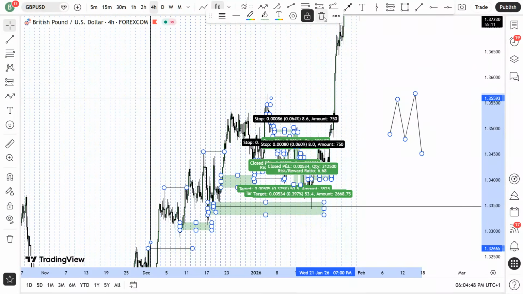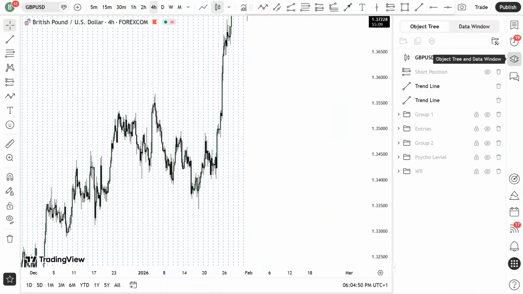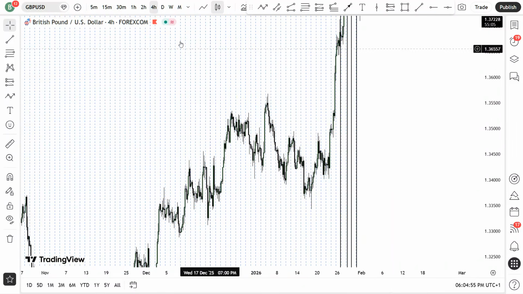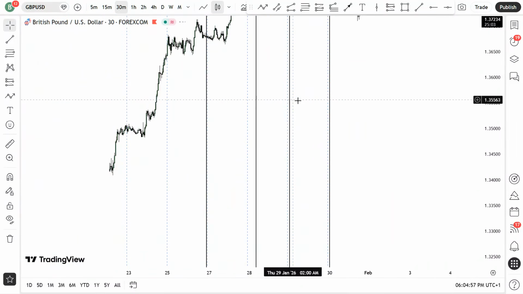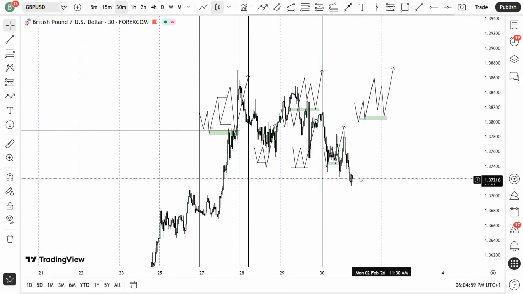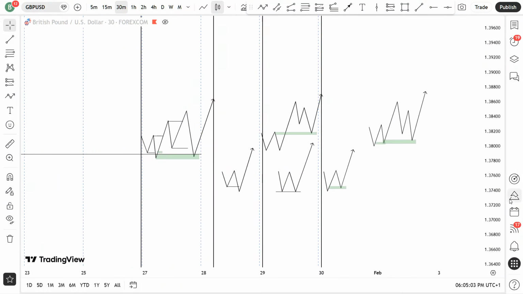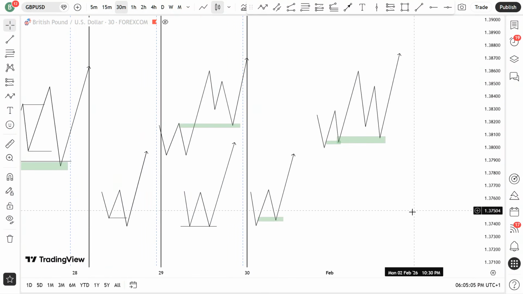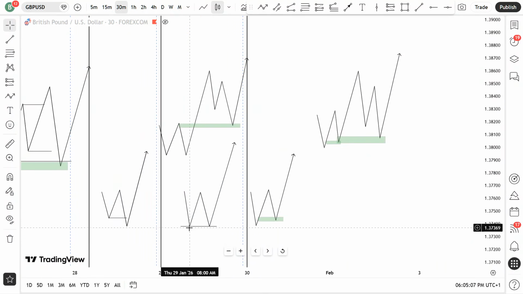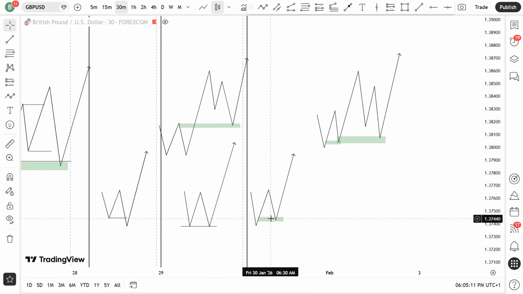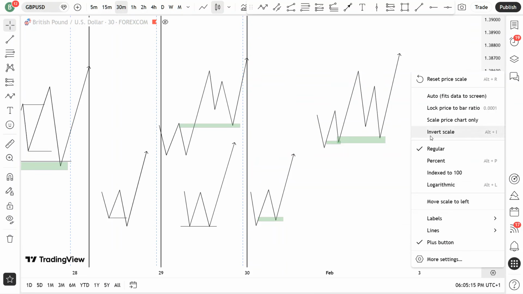This is it. This is what I taught: the one that has a sweep, the one that has equal lows, and the one that has mitigation. You saw everything in the chart, right?